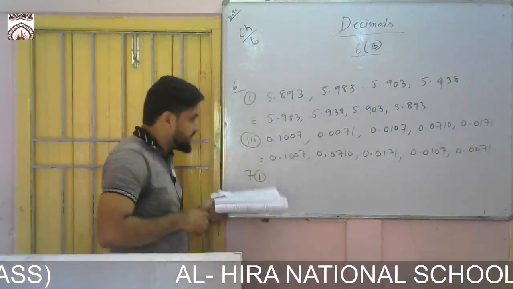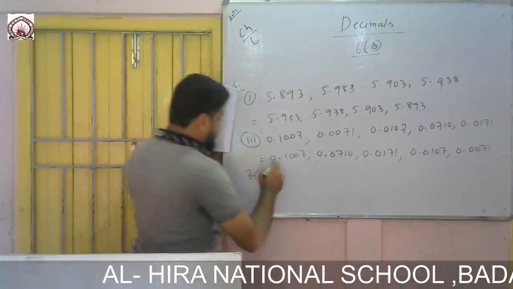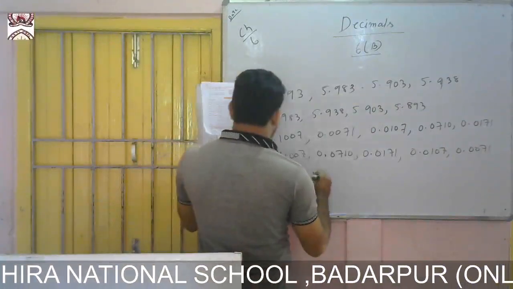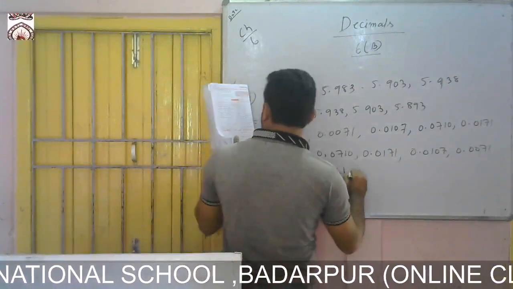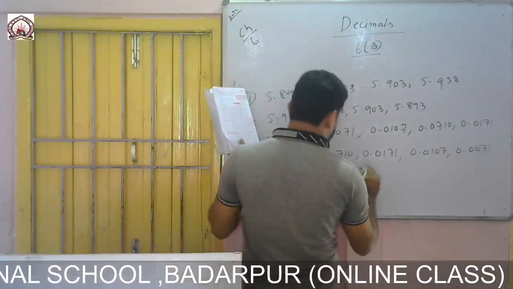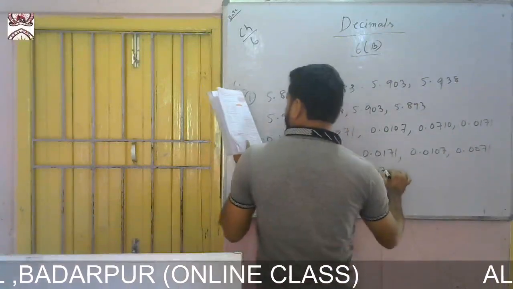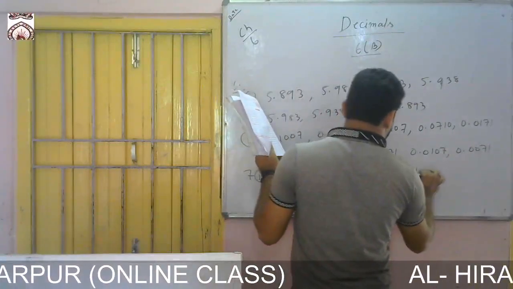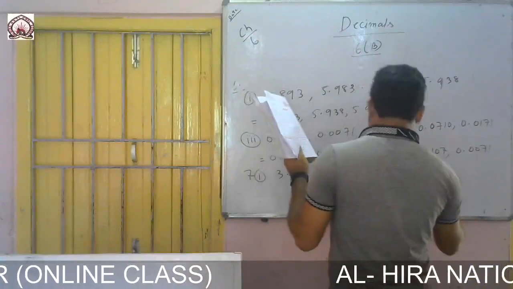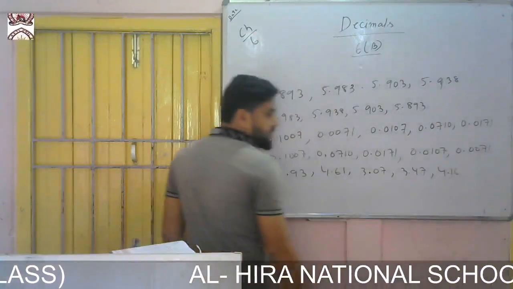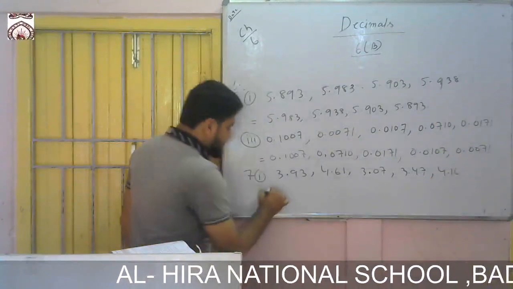The numbers are 3.93, 4.61, 3.07, 3.47, 4.16.